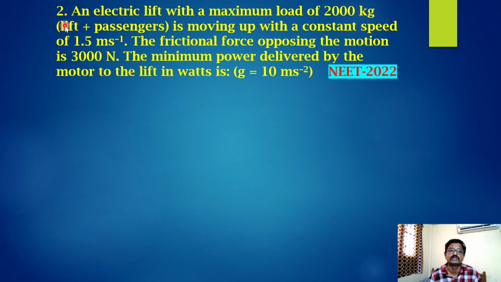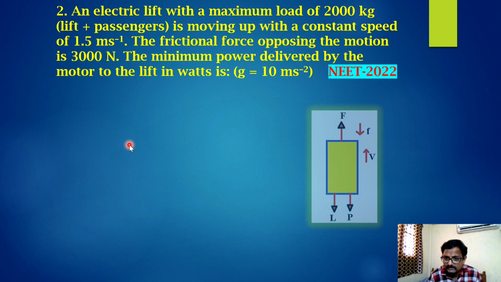Here is the second question. An electric lift with a maximum load of 2000 kg, that is lift plus passengers load combined, is moving up with a constant speed of 1.5 meter second power minus 1. Look at the figure.